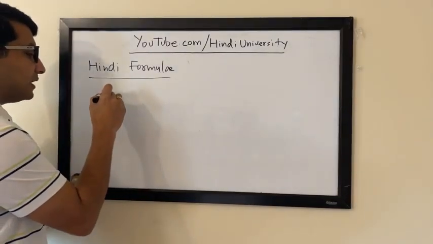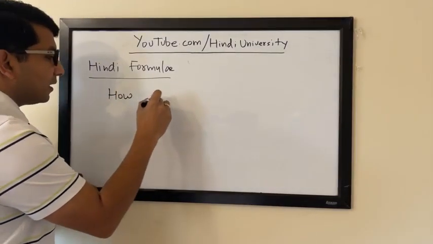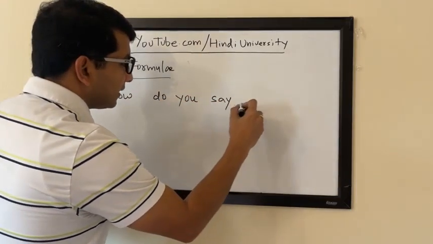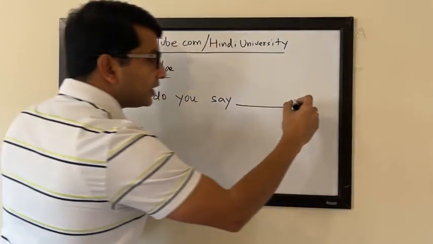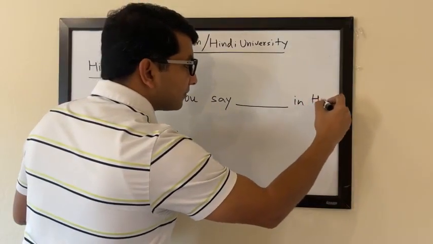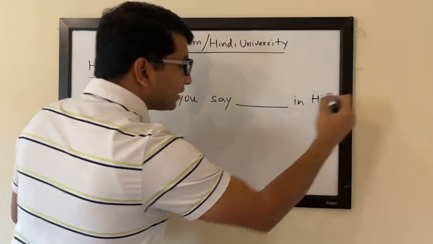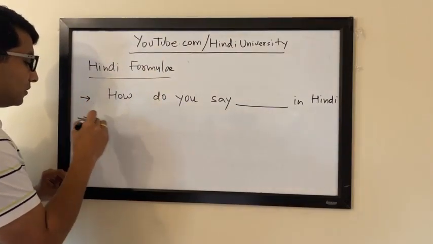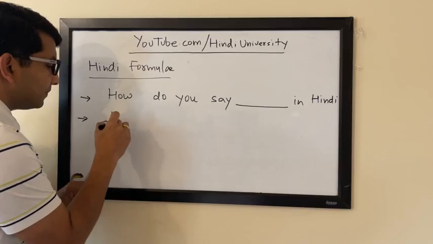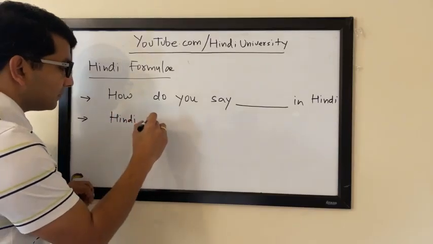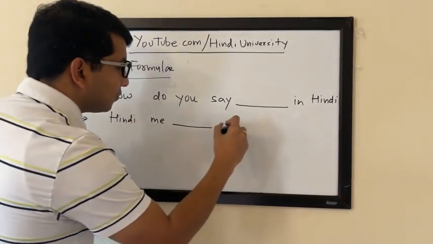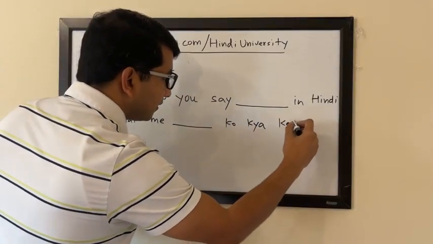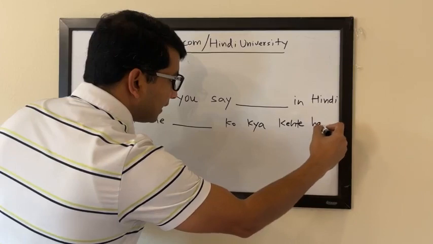So in general, even in English, you will say how do you say that particular word in Hindi. This is the formula that we have. Now what you say is Hindi में, the word, को क्या कहते हैं.